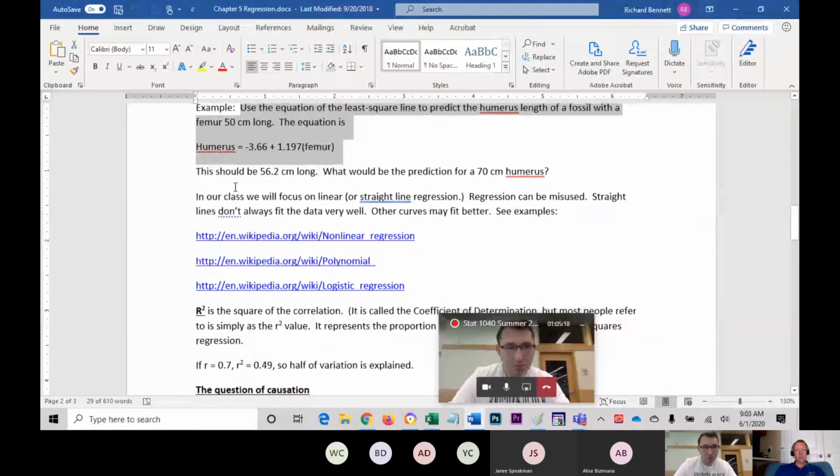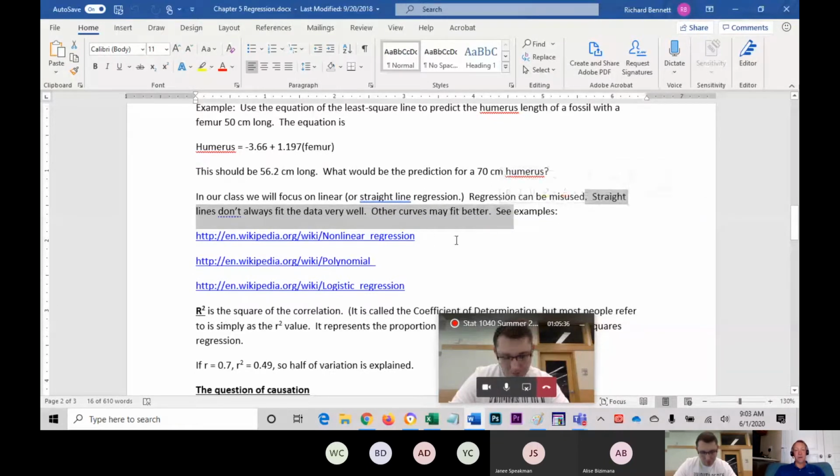Now, let's see here. So in our class, we're going to focus on linear or straight line regression. Just as a reminder, regression can be misused. Straight lines don't always fit the data very well. Other curves may fit better.